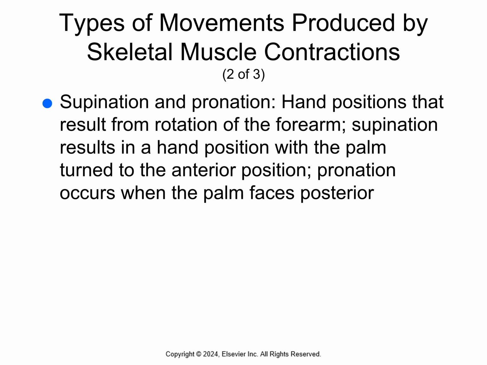There's also one called pronation and supination. Supine is the anatomical position. So what does that mean? Your palms are facing outward. These are hand positions that result from rotation of the forearm. Supination, hand position with the palms turned to the anterior position.